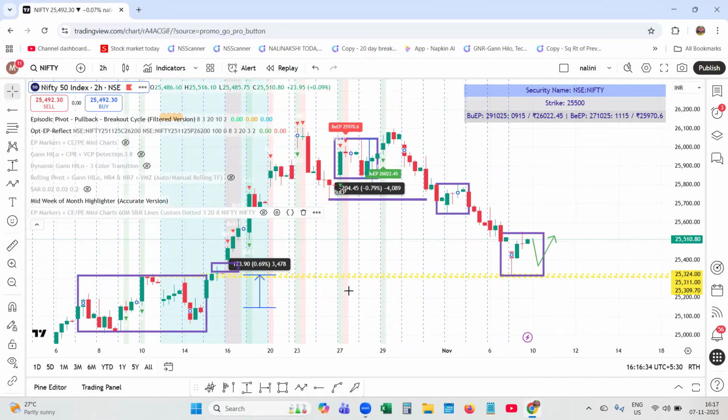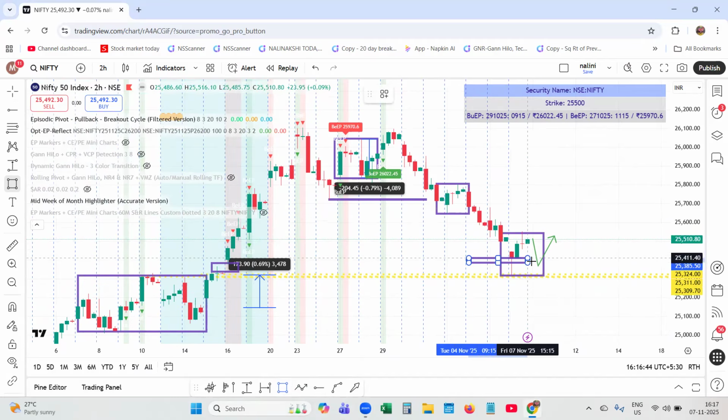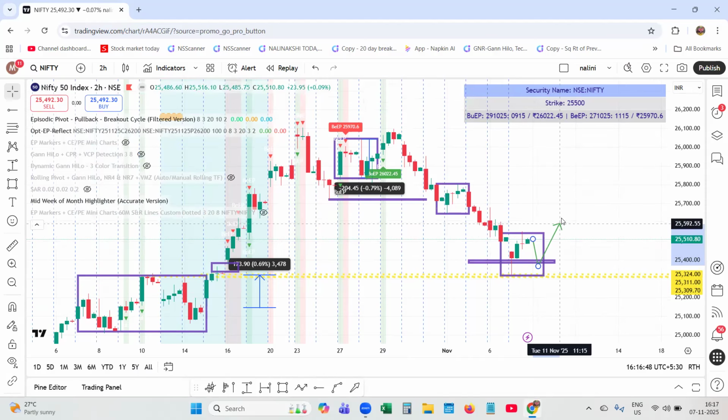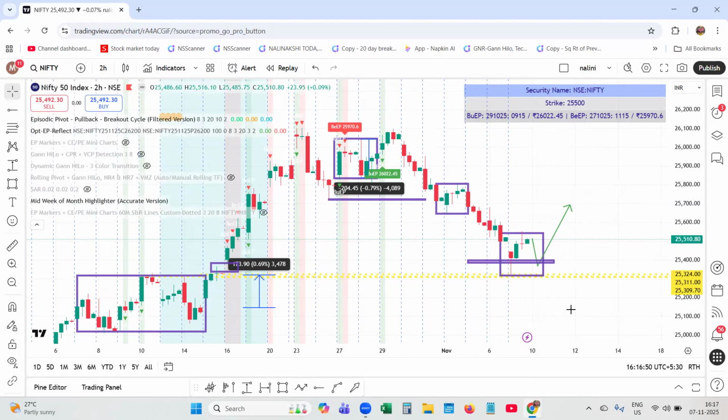If there is any sweep of the liquidity around this area, from Monday onwards I can anticipate a reversal in the market towards the upside.